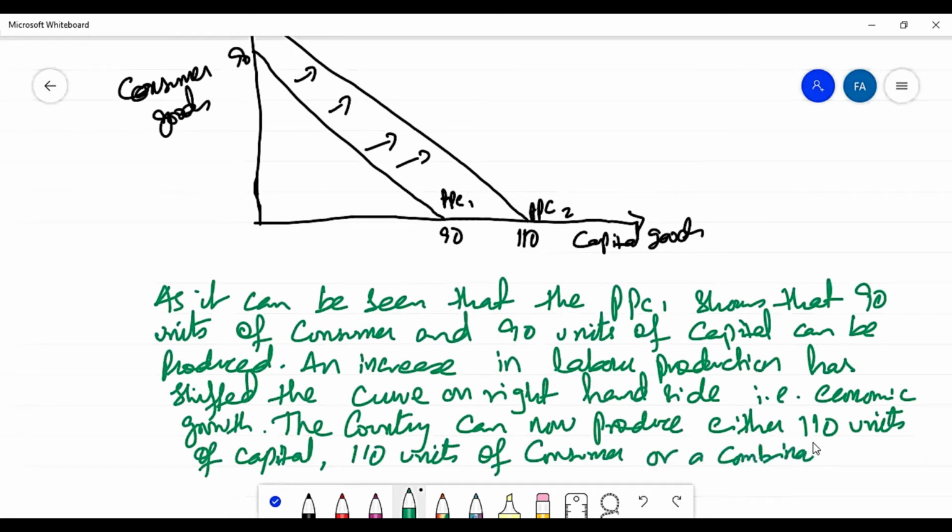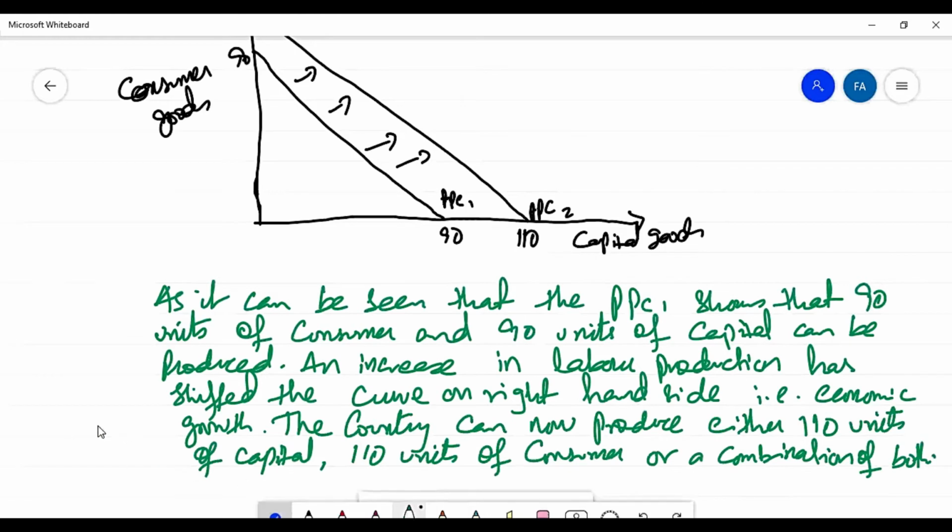You agree with this statement, a combination of both? Yes. Okay. So this is the end of the answer.